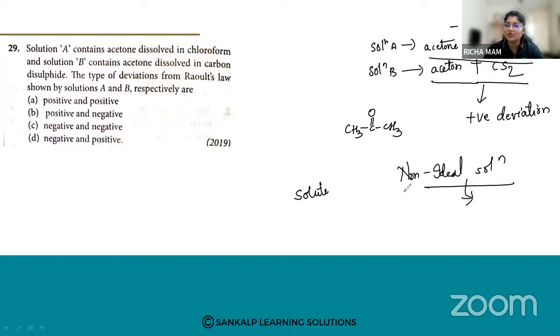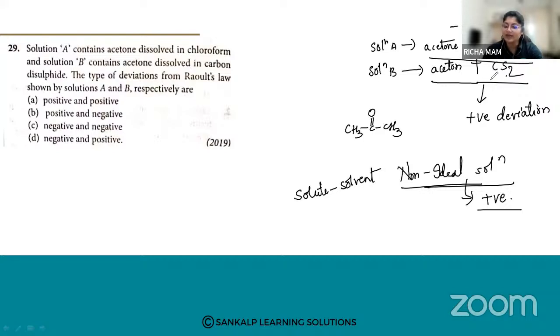So the molecular interactions between solute and solvent are weaker as compared to solute-solute and solvent-solvent interactions. When we see acetone, it shows some kind of hydrogen bonding.